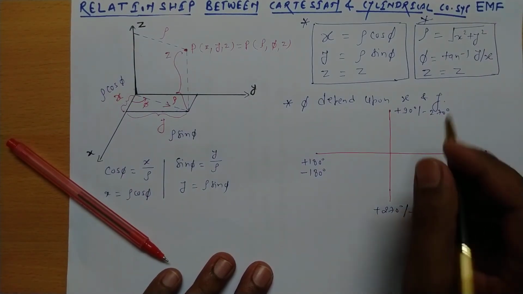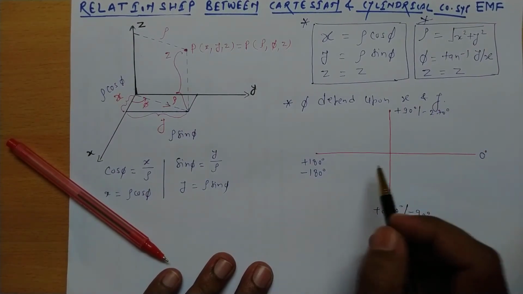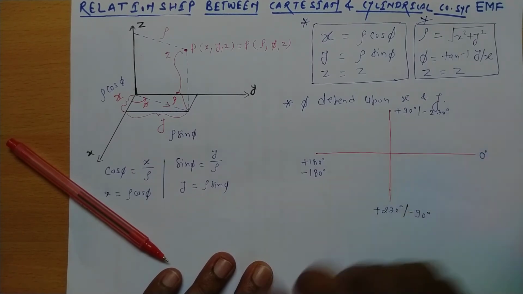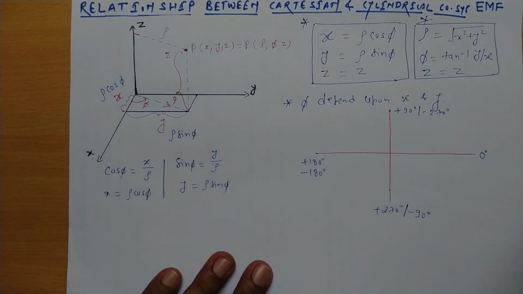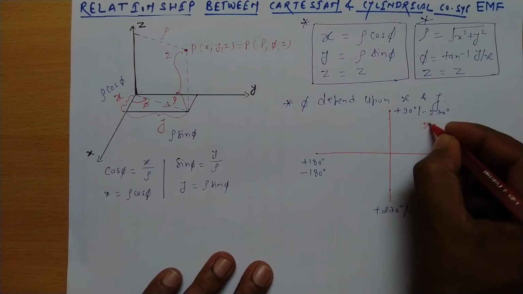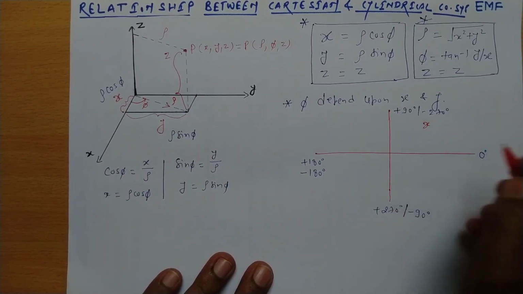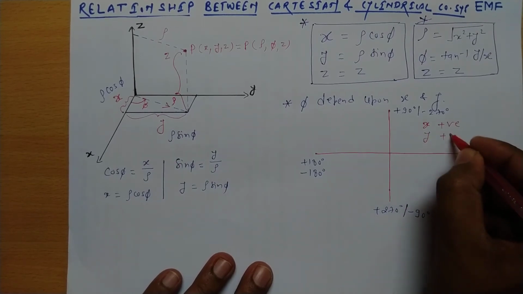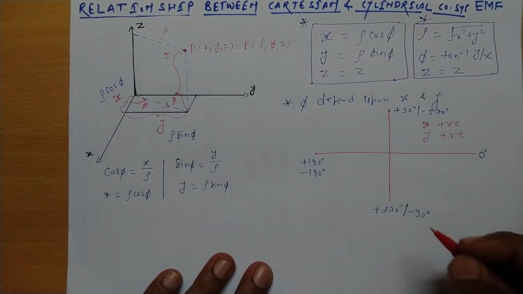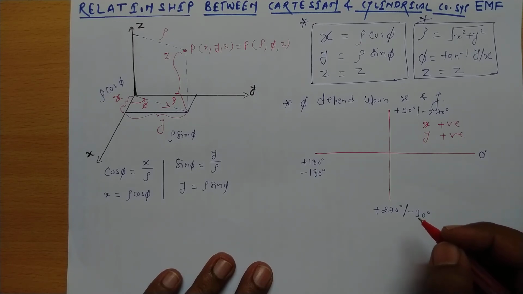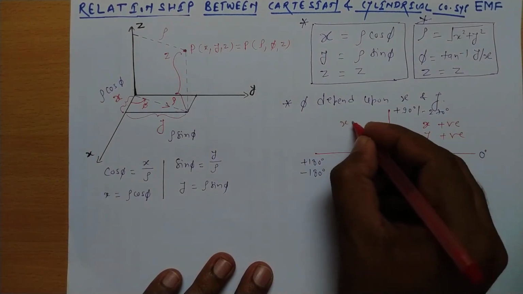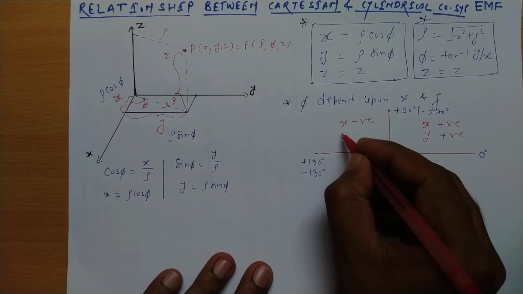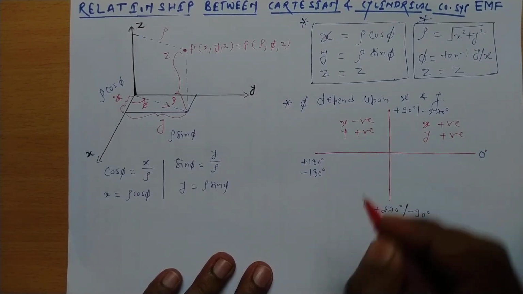Because the phi value depends upon x and y, in the first quadrant x is positive and y is also positive. In the second quadrant x is negative and y is positive.